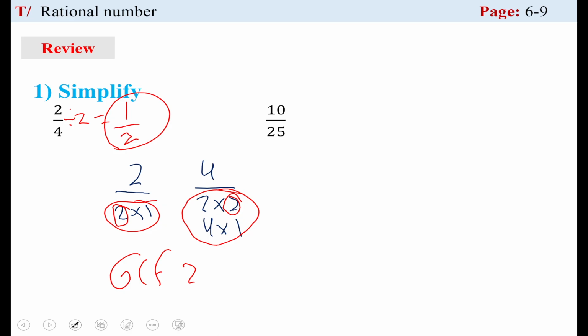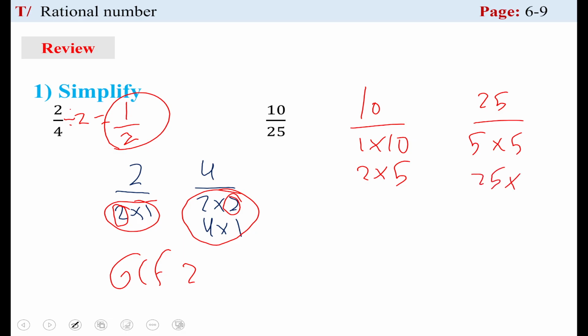About the second example, 10 and 25. 1 times 10 is 10. 2 times 5 is 10. For the second one, 5 times 5 is 25, and 25 times 1 is 25. Look, between these two lists of factors, what's the common number? 5.